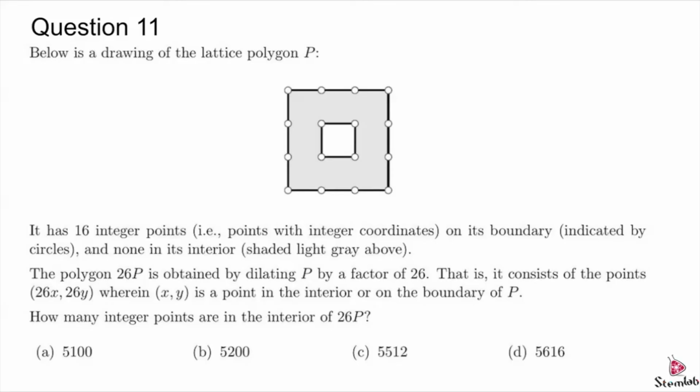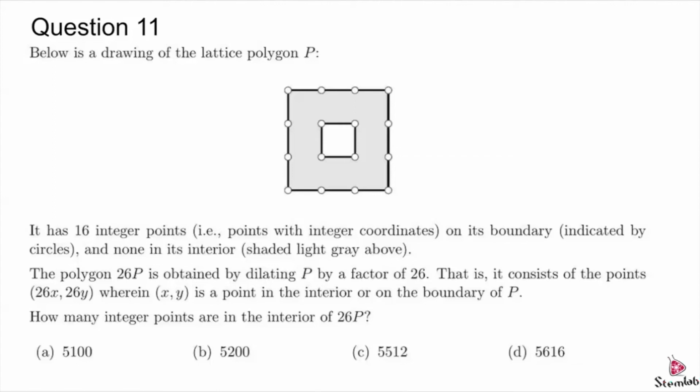Okay. The polygon 26P is obtained by dilating P by a factor of 26. That is, it consists of points 26x, 26y, wherein x and y is a point in the boundary of P. How many integer points or lattice points are in the interior of 26P?